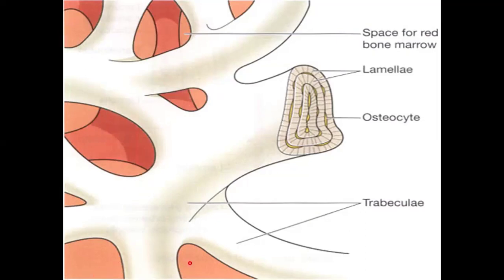As we grow older, red marrow is replaced with yellow marrow, which is fat. So nothing much about sponge bone. It's just trabeculae with spaces. So this bone breaks more easily as compared to compact or cortical bone.